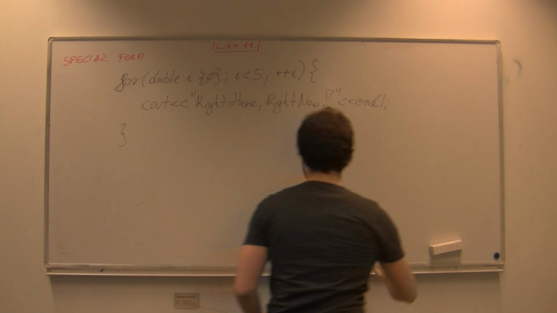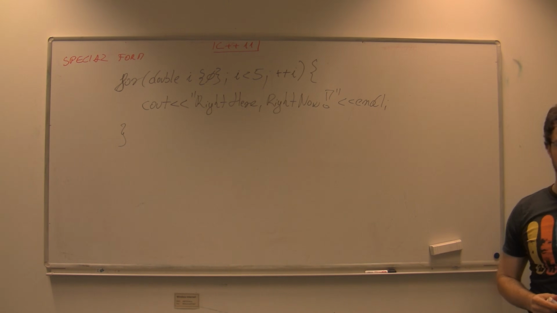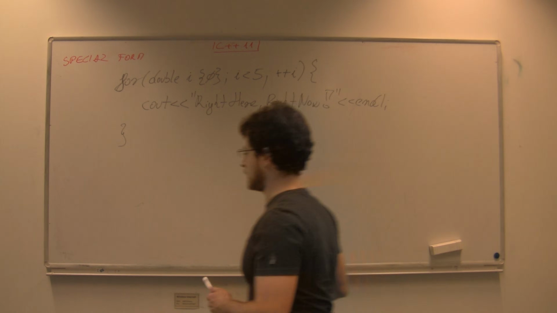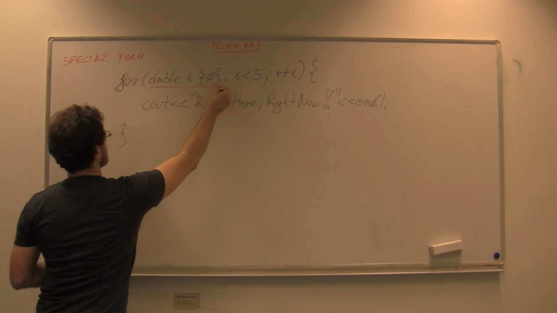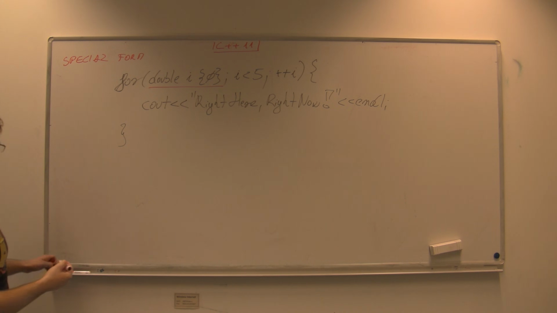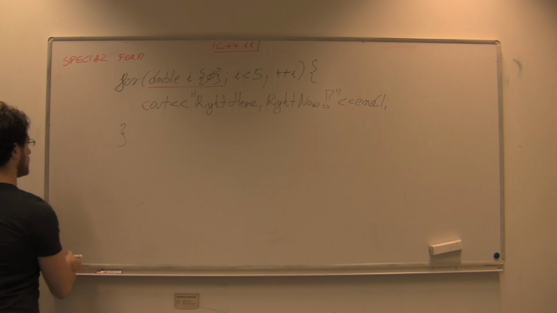This for loop has three distinguished parts. Let's give them names so that we can discuss them. The first part is this, and it is called loop initialization.